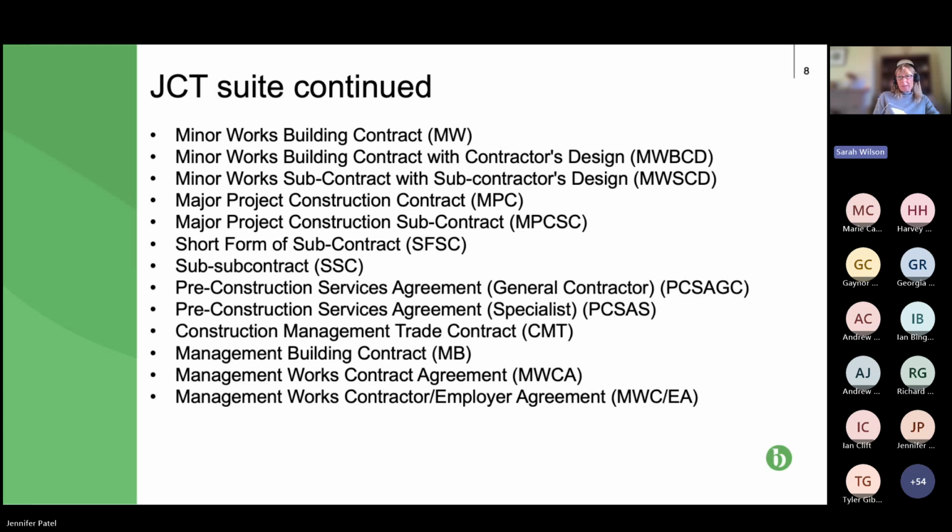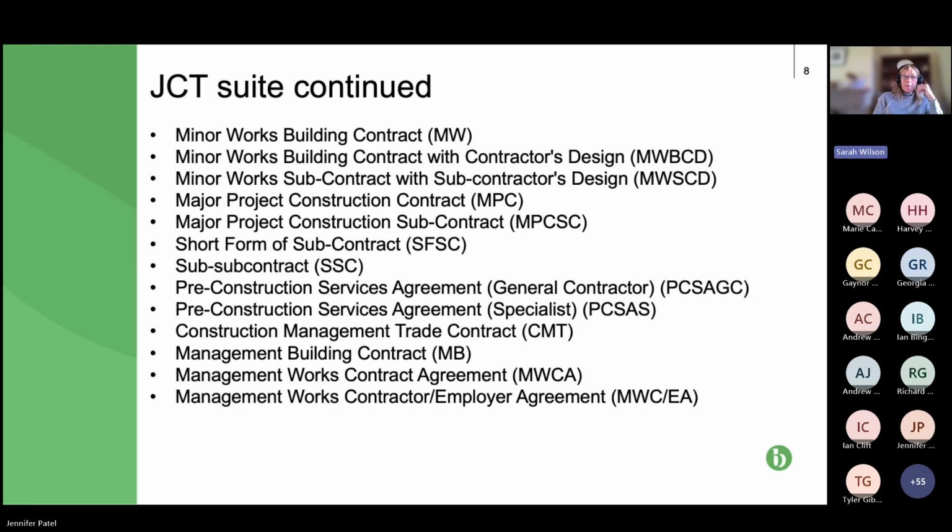So you might be doing some design, you might be finalising your price, you might be doing some ground investigations. But this contract allows that work to be carried out, allows the contractor to be paid for it. But obviously, if it's paid for and then the design and build or whatever follow-on contract isn't entered into, that's at the option of both parties.